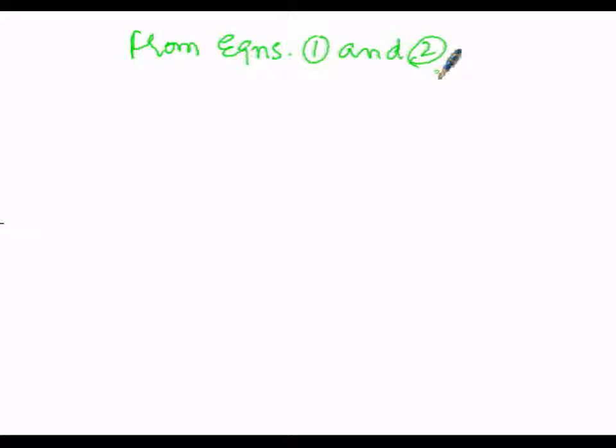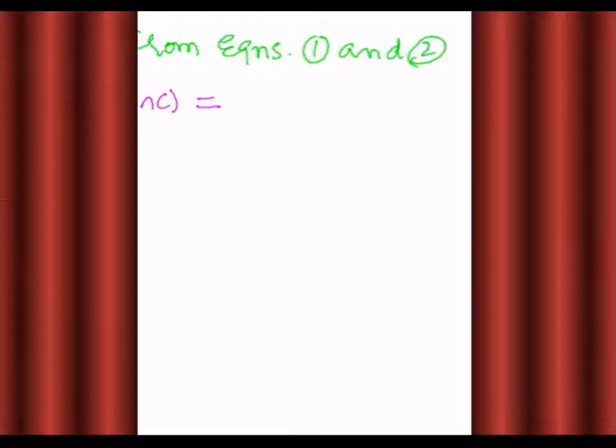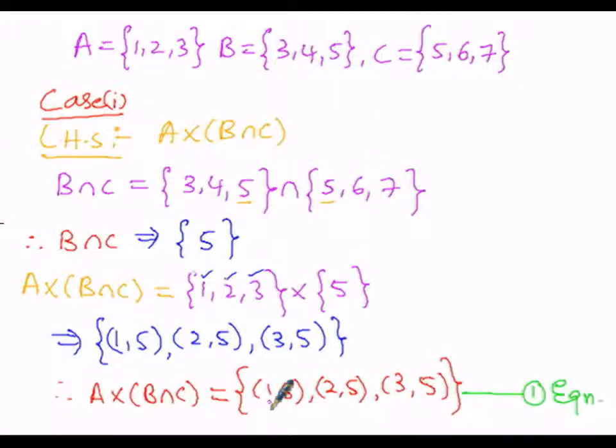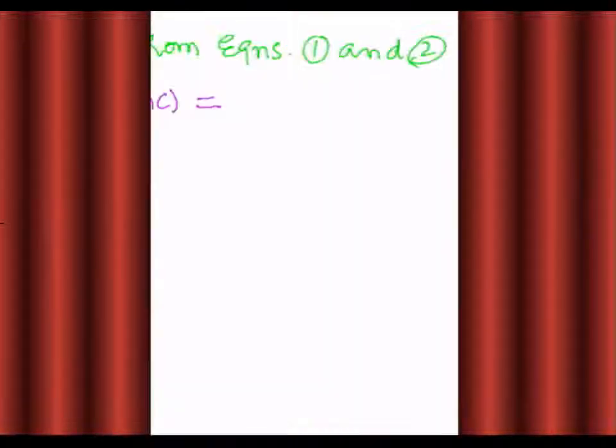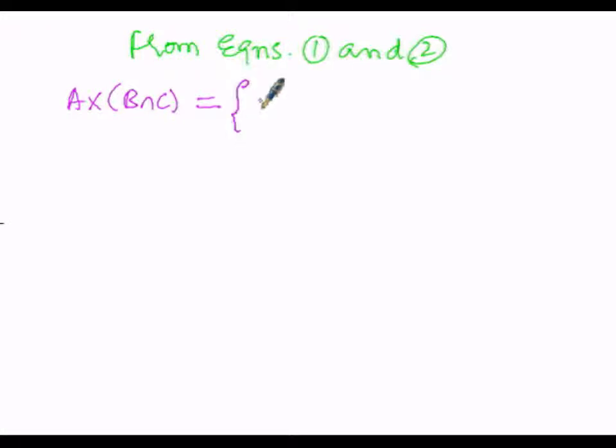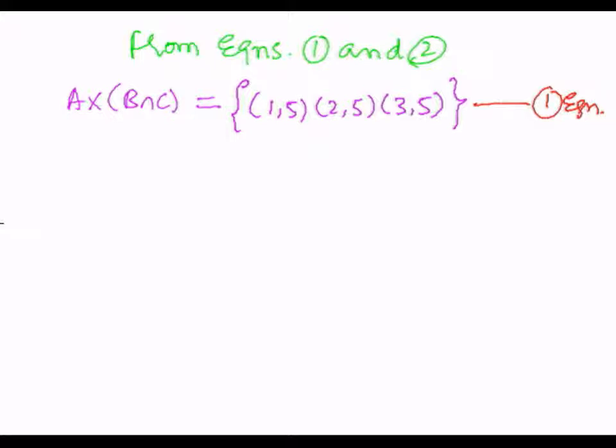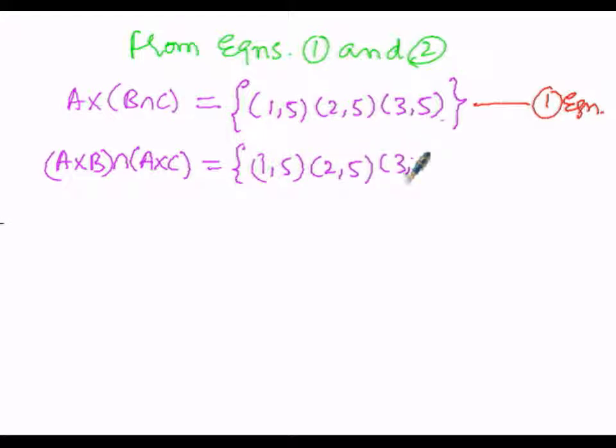your first equation is A cross B intersection C equals, on the right hand side, (1,5), (2,5), (3,5). Similarly, the second equation is A cross B intersection A cross C equals, and the right hand side is also (1,5), (2,5), (3,5).